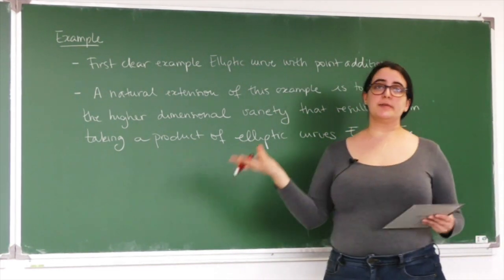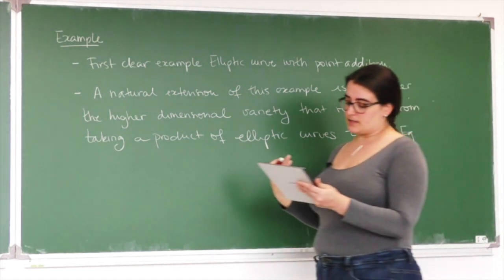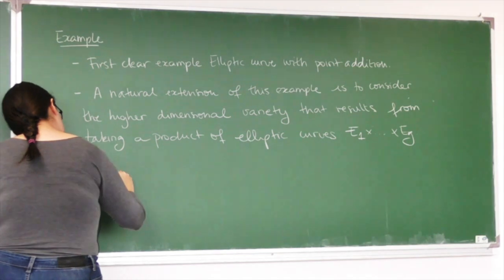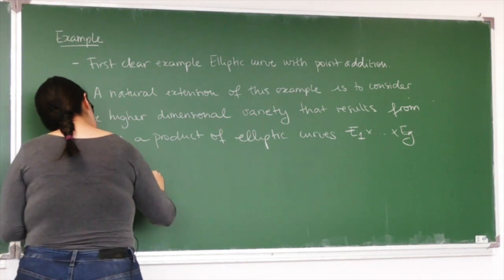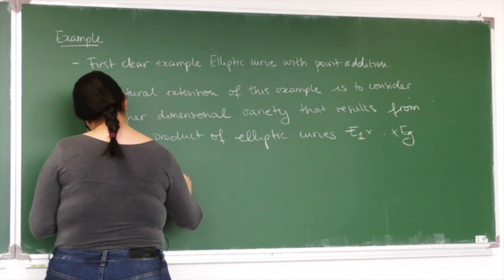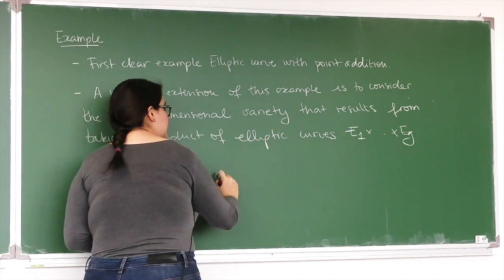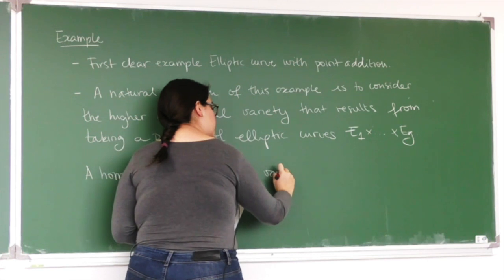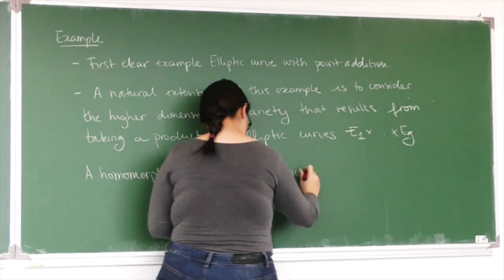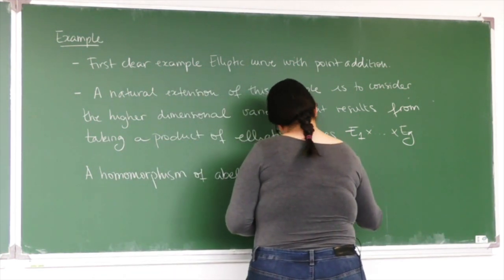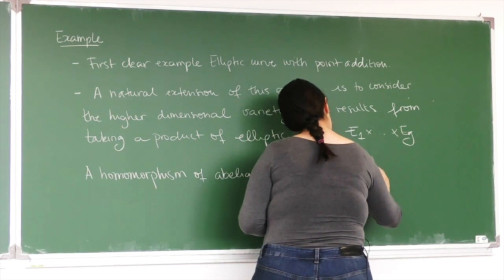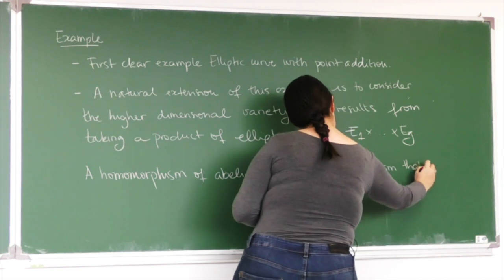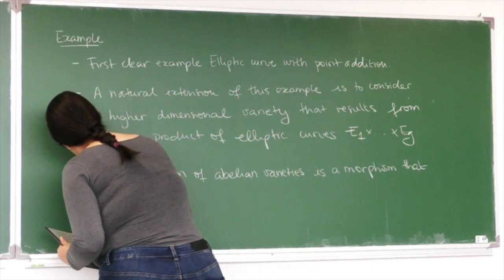So we have defined the object, now we have to define the maps as is usual, and what we have is that a homomorphism of abelian varieties is a morphism that respects the group structure.